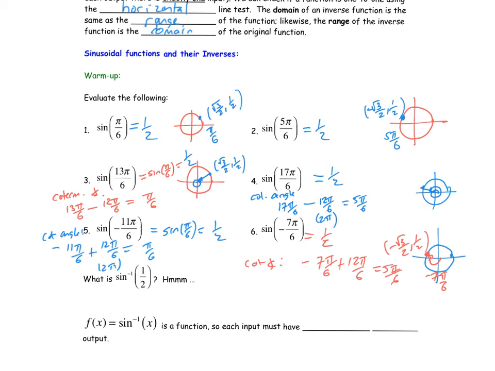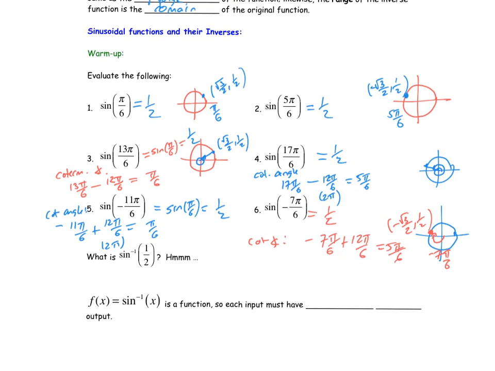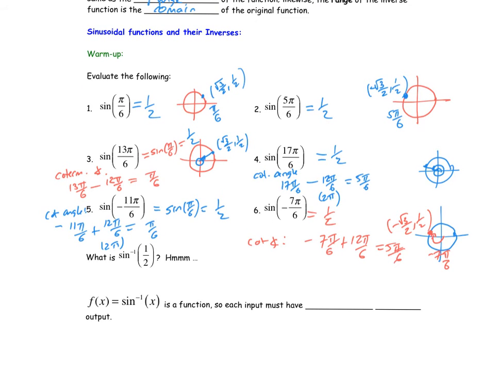So what happened here? What is sine inverse of 1/2? If the output is 1/2, what angle was the input? Is it pi over 6, the answer to number 1? Is it 5 pi over 6, what we got in number 2?